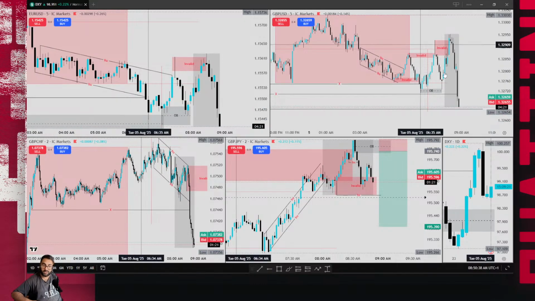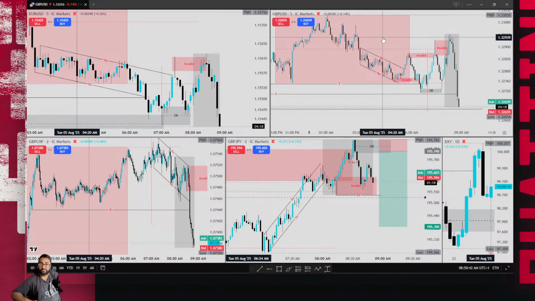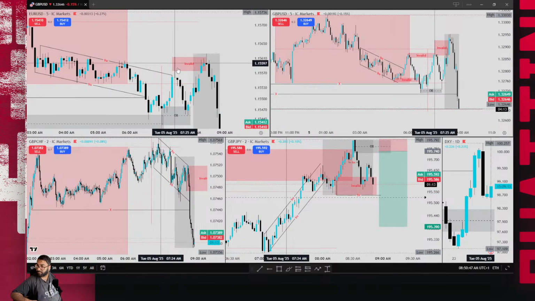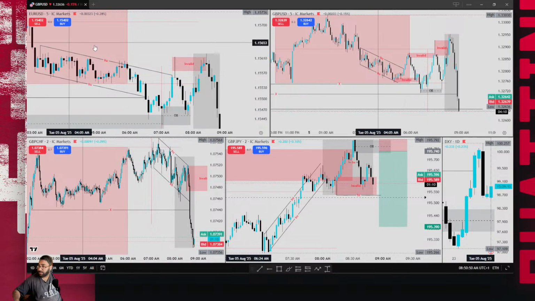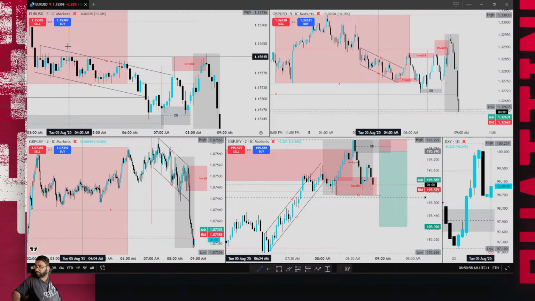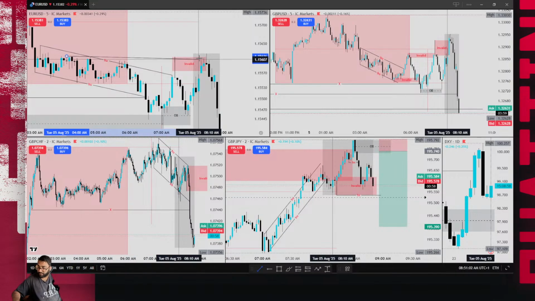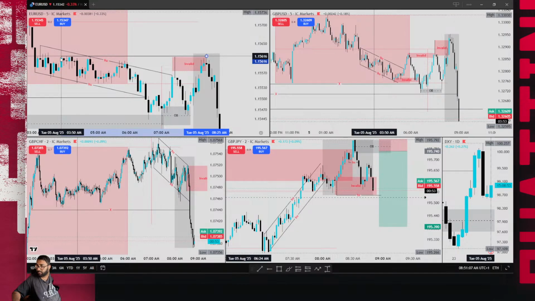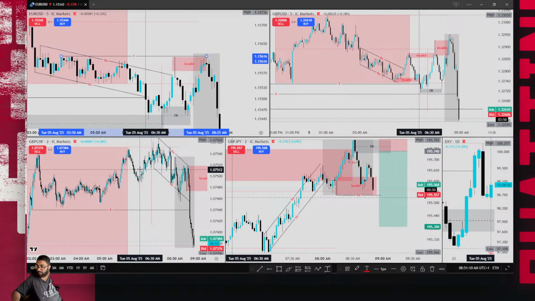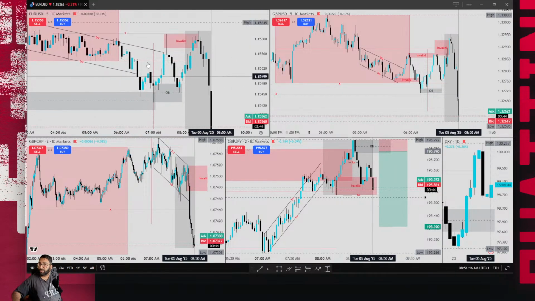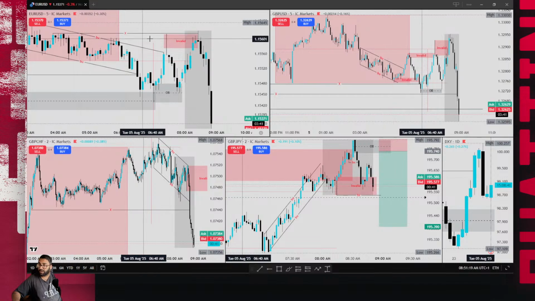DXY is getting stronger, therefore we want to short it. Yup. And actually, look here, look. It took all of these highs. 1, 2, 3, 4, 5, 6, 7, 8, 9, 10, 11.